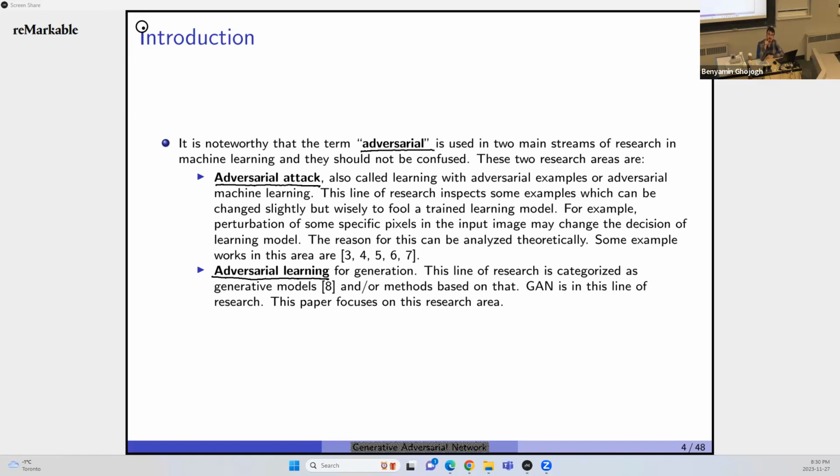In adversarial attack, you can make your network robust to adversarial attack. Exactly. You can propose algorithms for attacks, and you can propose algorithms for defenses against attacks. So there are two different things. Don't confuse them, okay?